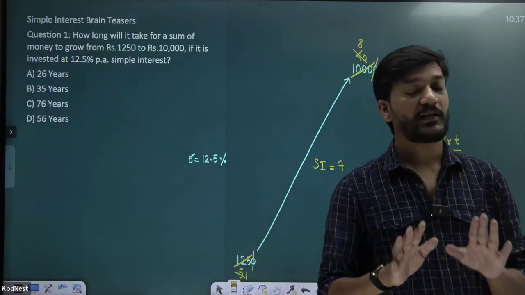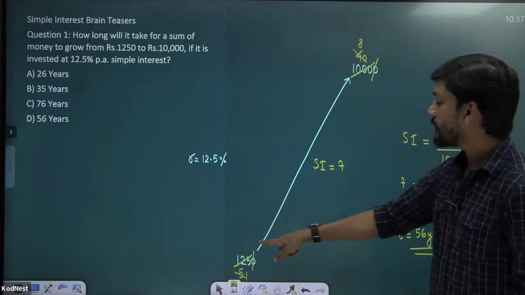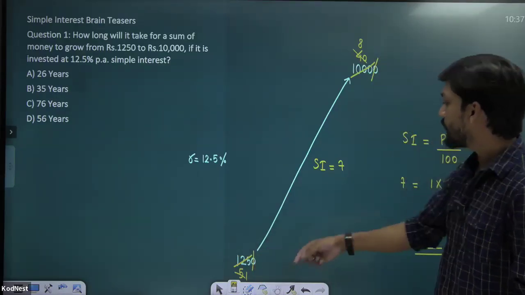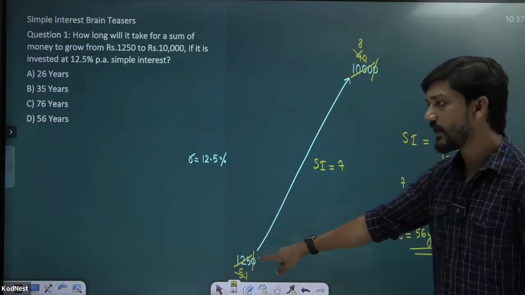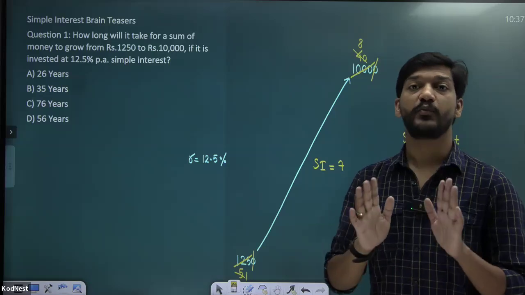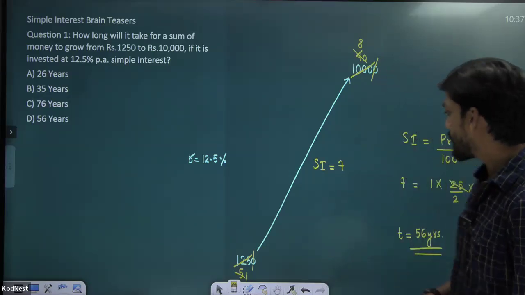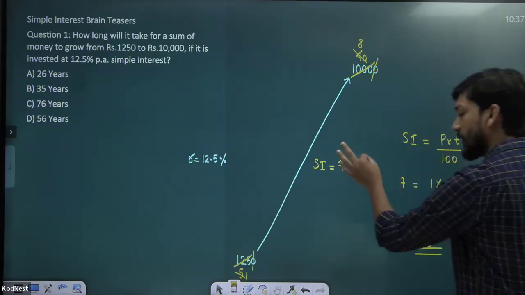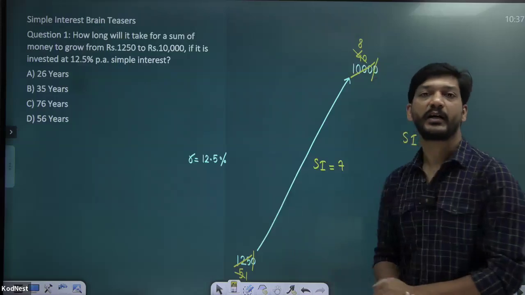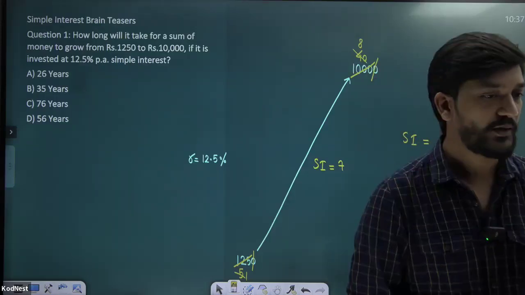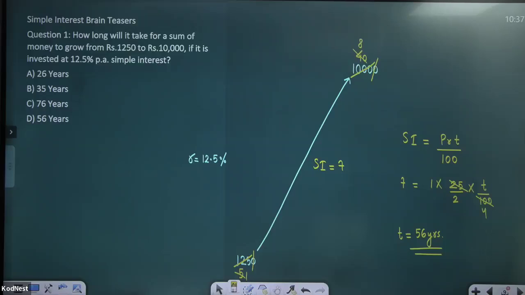Even if I put 1250, simple interest comes out to be 8750, and after cancellation you will get 7 and 1. 8 minus 1, because we have cancelled, so we are getting 8 as final and 1 as principal. So final minus initial will always be interest.